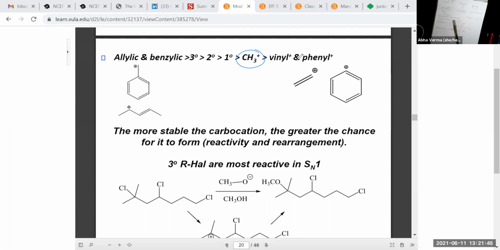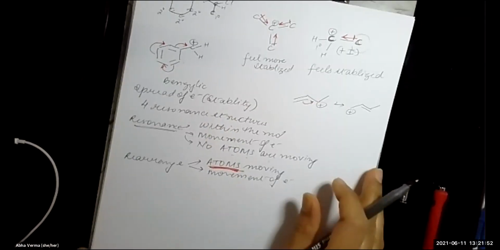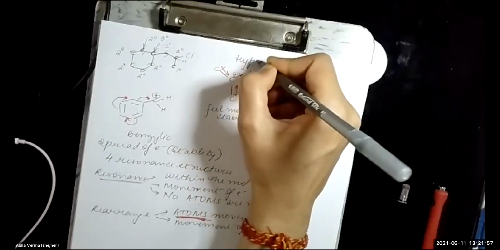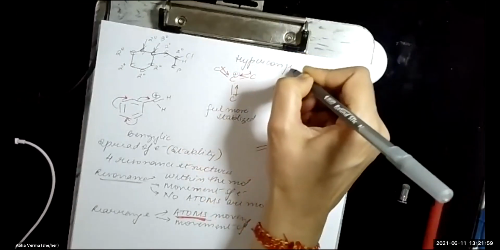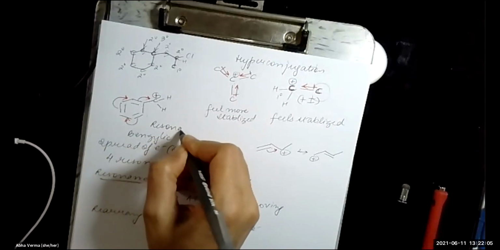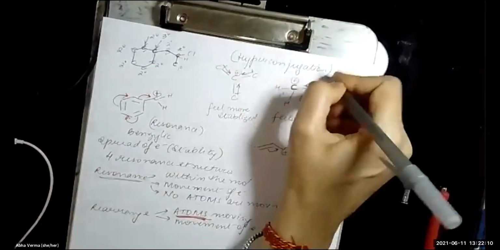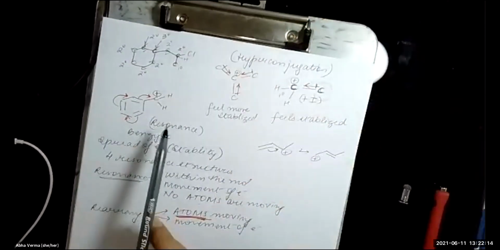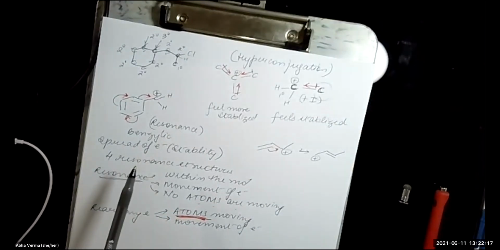And this part is known as hyperconjugation. So this ability to feel stabilized is hyperconjugation, whereas this is resonance. Different words for electron spread. This is hyperconjugation, spread of electrons. This is resonance, spread of electrons.